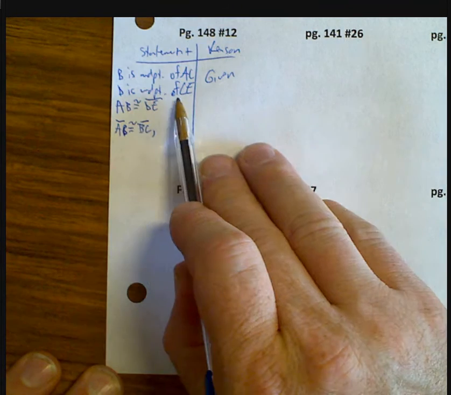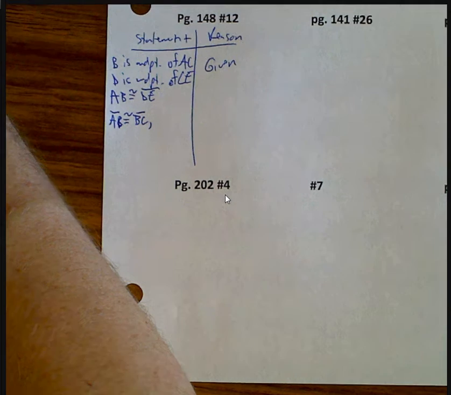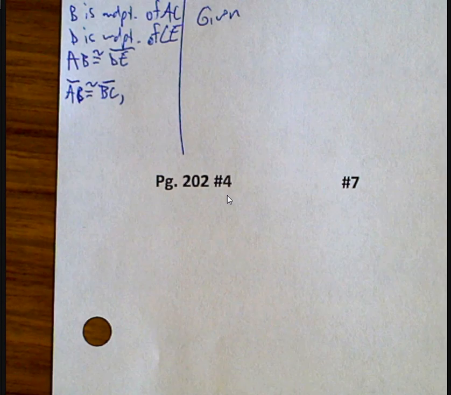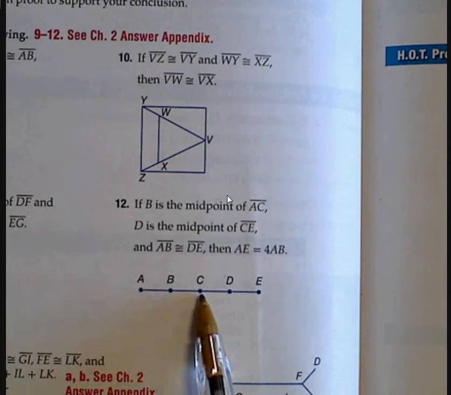If D is the midpoint of CE, let me fix my focus. If D is the midpoint of CE, then I know that CD is congruent to DE.